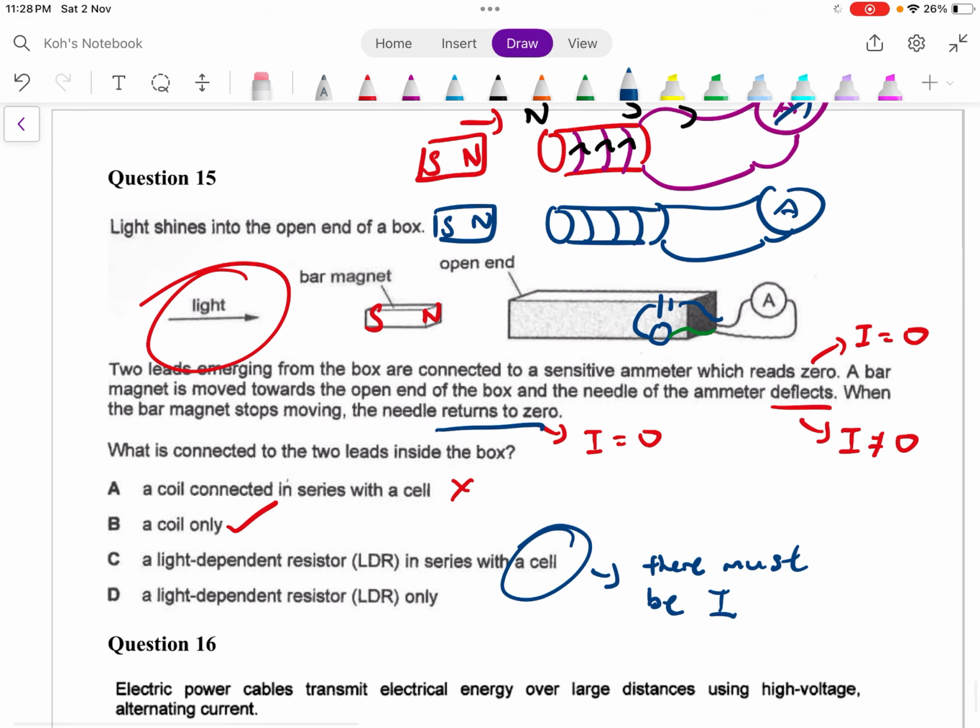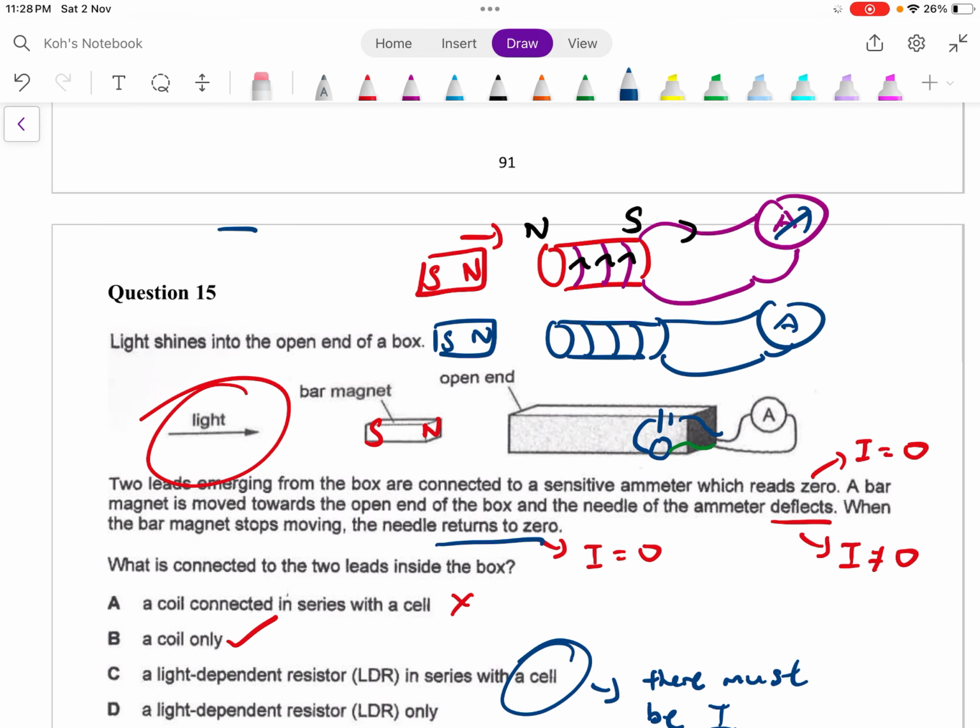Okay, what about D, a light dependent resistor only? Imagine I have a light dependent resistor, something like that, and I connect it to an ammeter. Then I shine light on it, and after that the magnet moves.